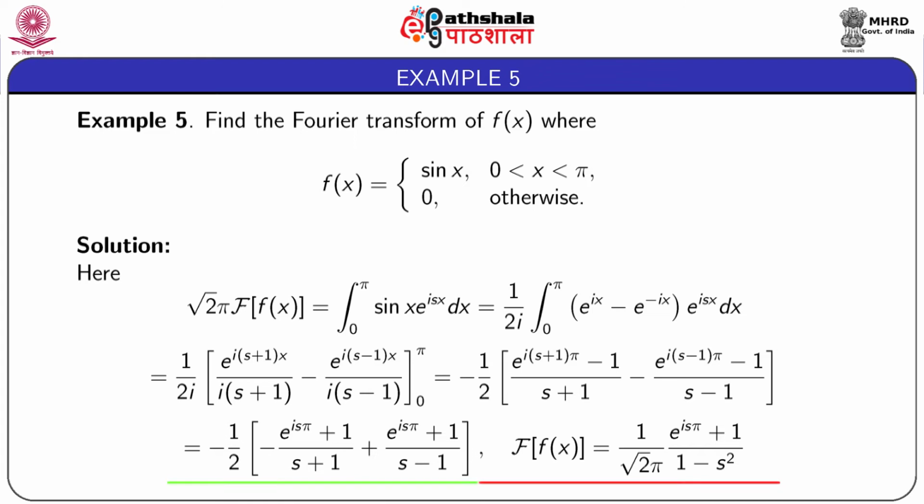So, the Fourier transform of f x is given by 1 by root over 2 pi into e to the power I s pi plus 1 divided by 1 minus s square.